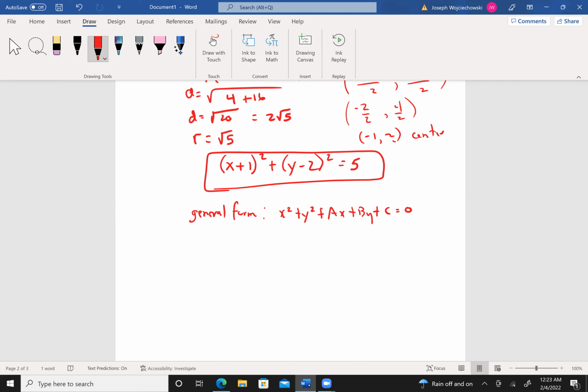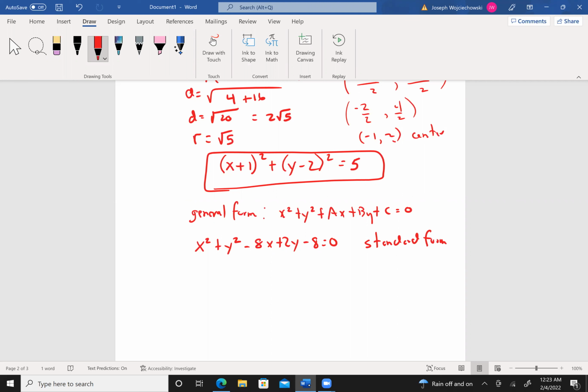So we have a circle in general form of x squared plus y squared minus 8x plus 2y minus 8 equals 0. I want standard form.